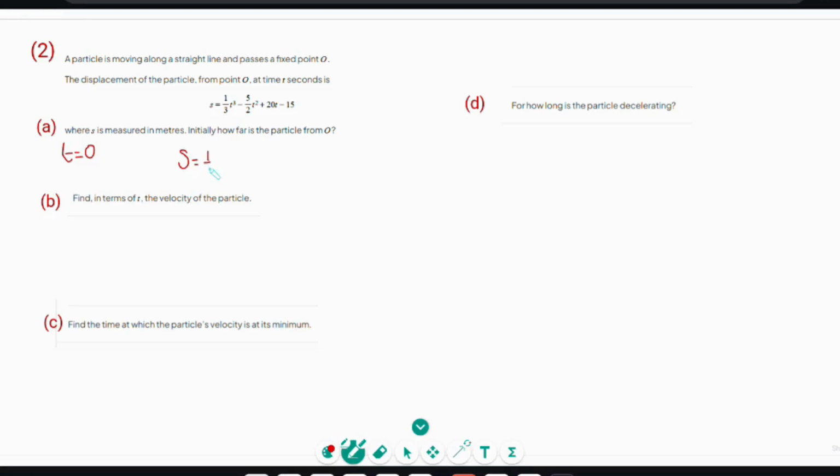So initially, time is 0. If I sub that into the formula, I would get minus 15.